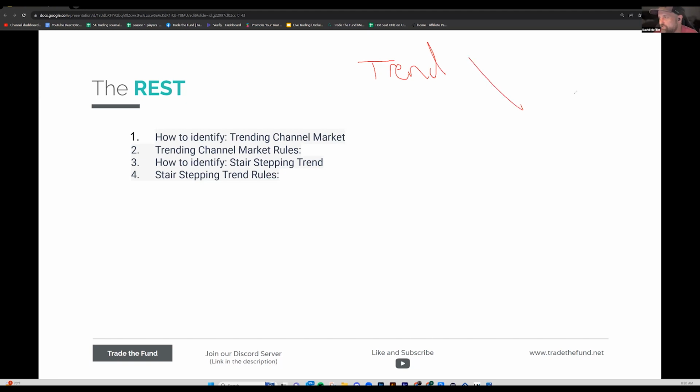Okay. So if we have a down channel, it's going to be easier to make money on sells. Usually you want to trade in the direction of the trend and look for the sells if it's a downtrend. Okay.